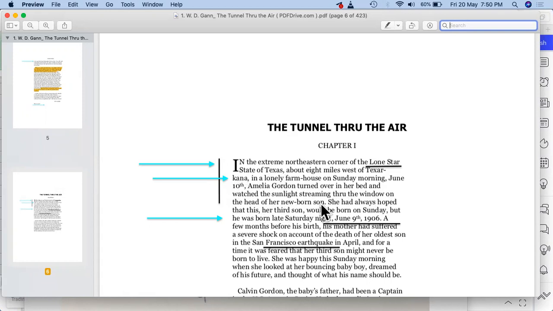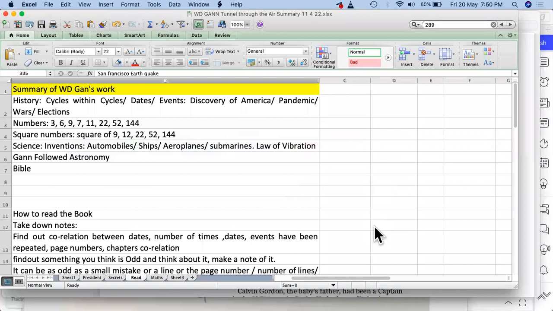Just in the previous chapter, we saw something which is coincidental, that the dates from the San Francisco earthquake till Gordon's birthday, that is 9th June 1906, is again 52, right?